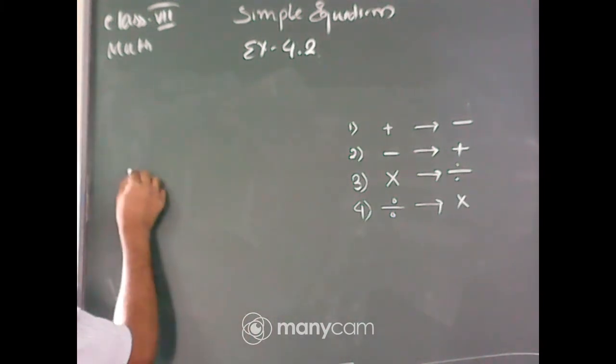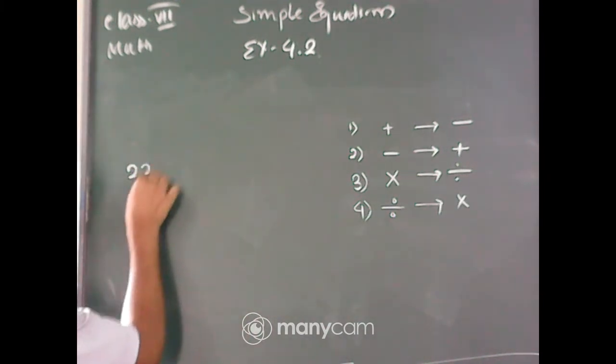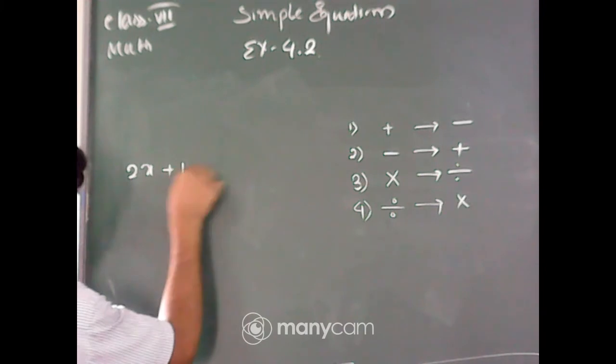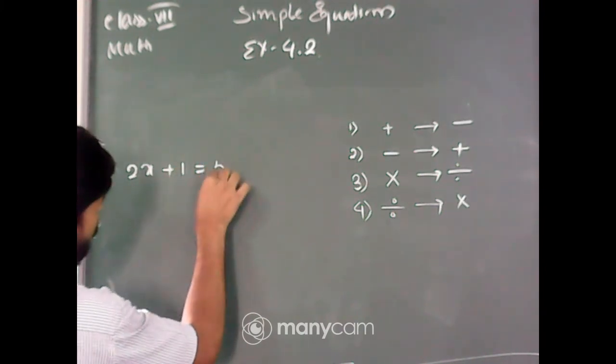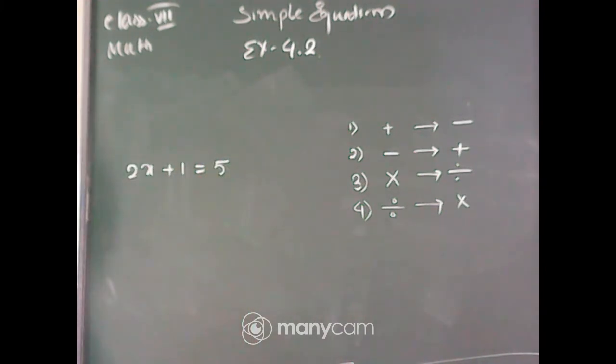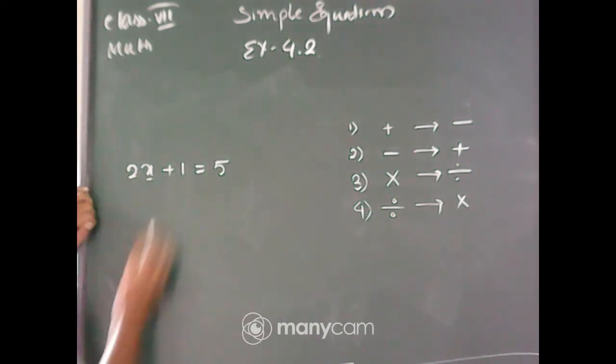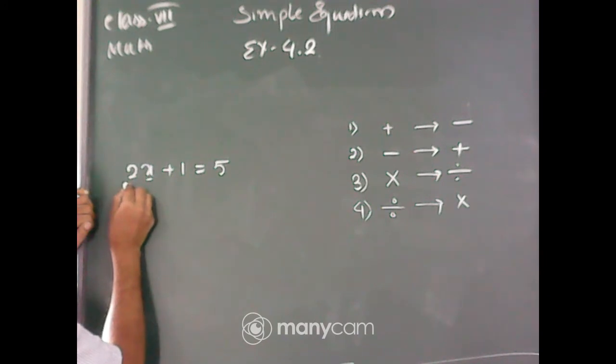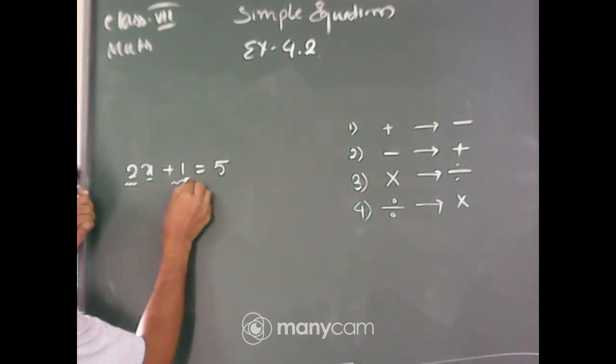Suppose there is a term 2x plus 1 is equal to 5. Suppose this is an equation, 2x plus 1 is equal to 5. Clear? So look, this is the variable and there are two constant terms, one is 2 and one is 1.